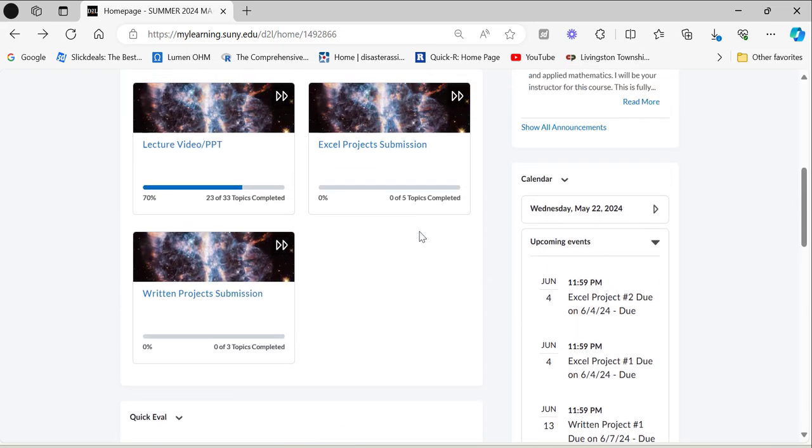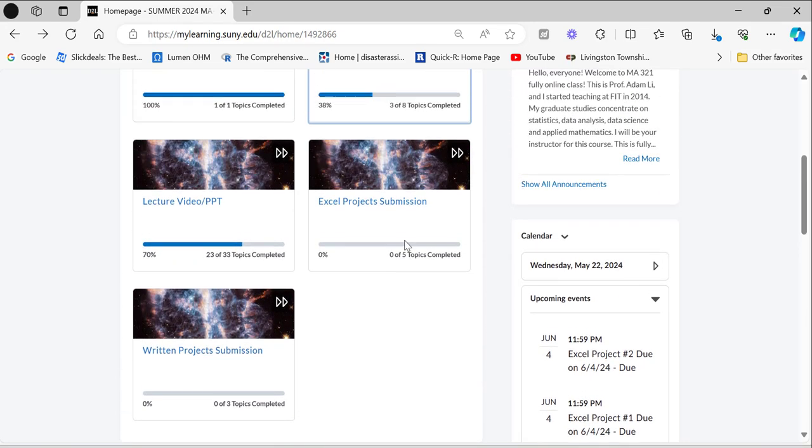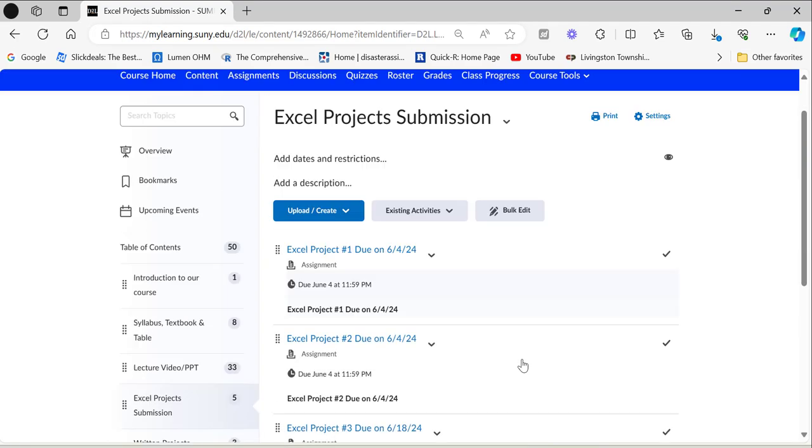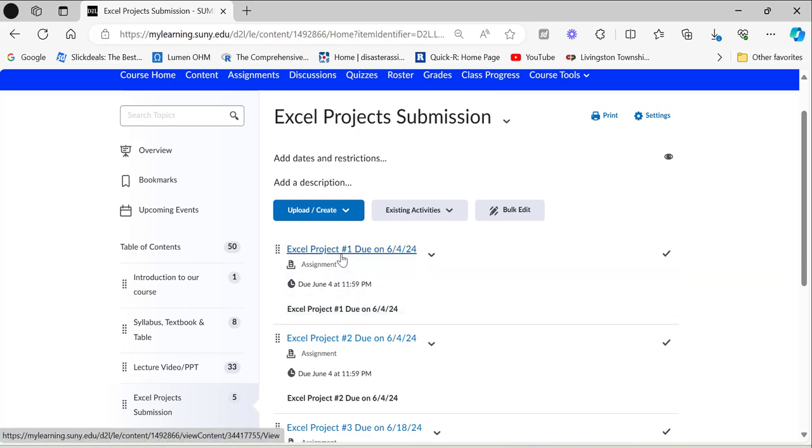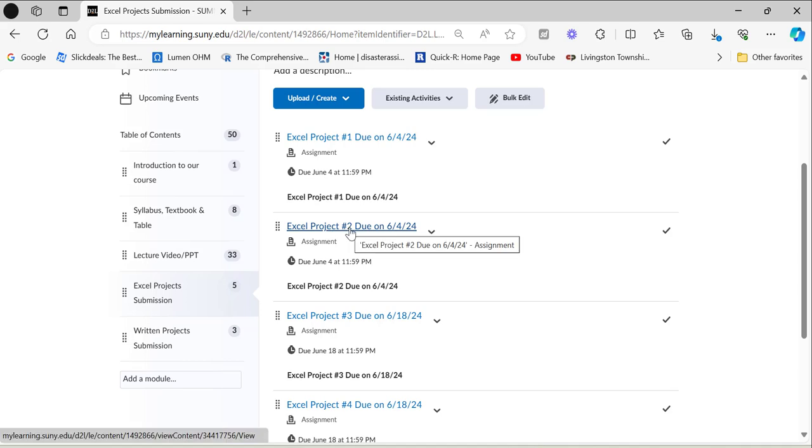And then you're going to submit the Excel project right here, called Excel project submission, and the due date is already there, right? You can see all the due dates. Excel project number 1 is about a one-way ANOVA, right? Excel project number 2 is two-way ANOVA due on June 4th.